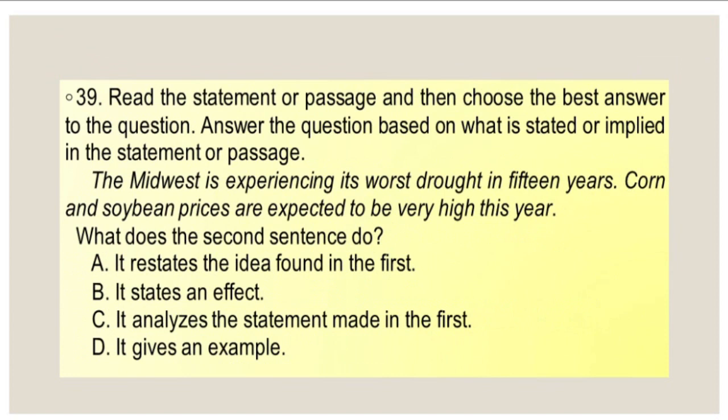Number 39. Read the statement or passage and then choose the best answer to the question. Answer the question based on what is stated or implied in the statement or passage. Let's read the passage. The Midwest is experiencing its worst drought in 15 years. Corn and soybean prices are expected to be very high this year. What does the second sentence do?